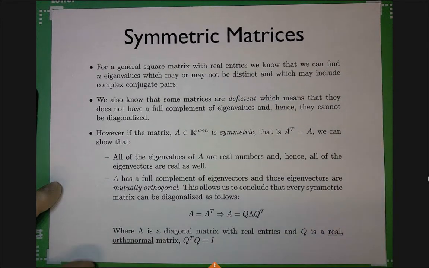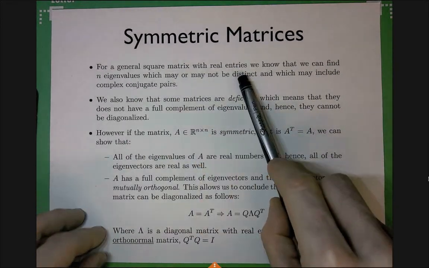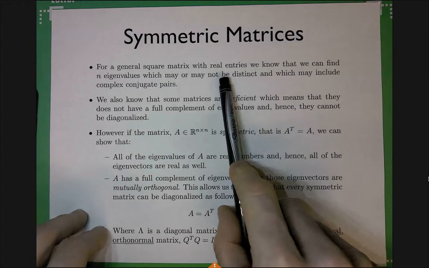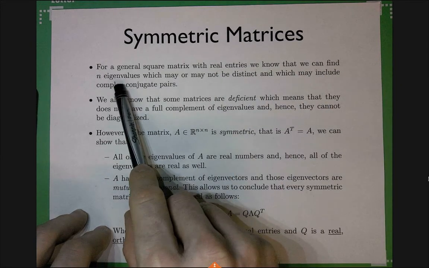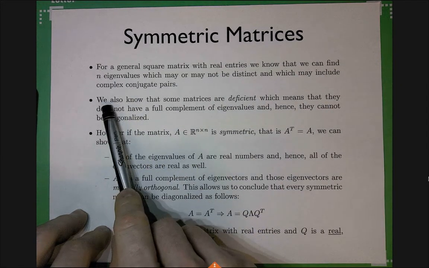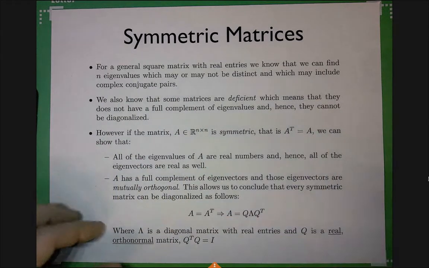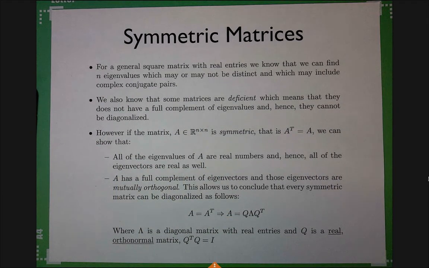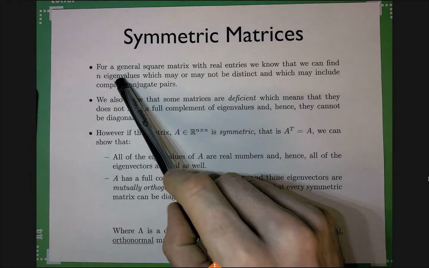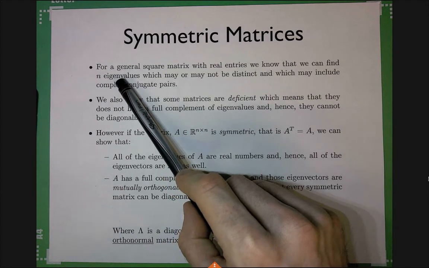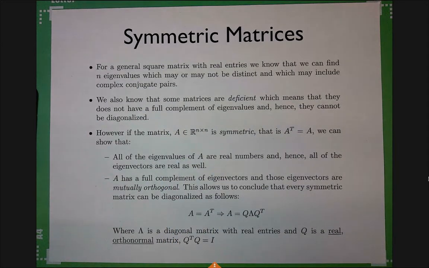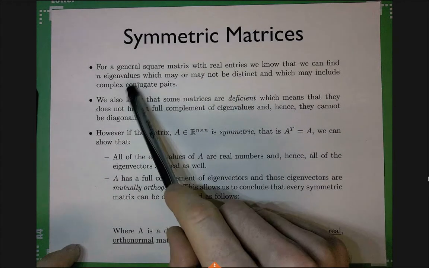As I said, for a general square matrix with real entries, we can find n eigenvalues. There are always n eigenvalues, that is for sure. I was confused because there might not always be n eigenvectors, but eigenvalues, there are always n of them.